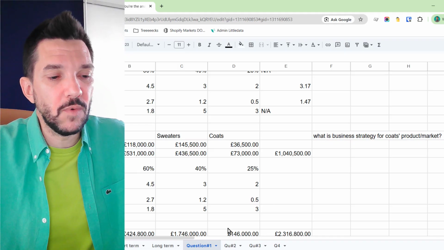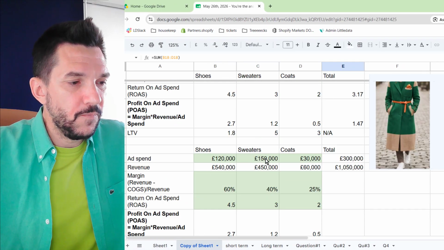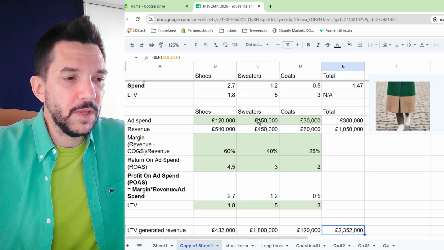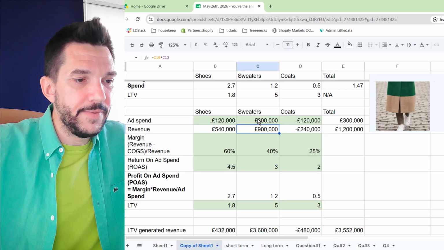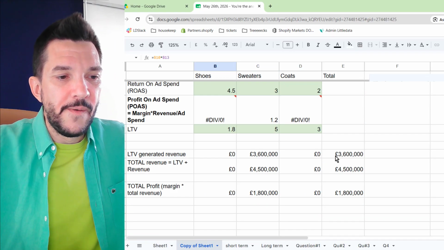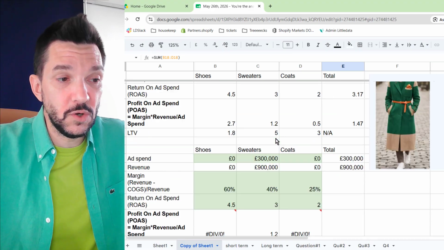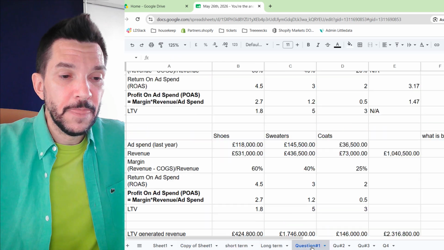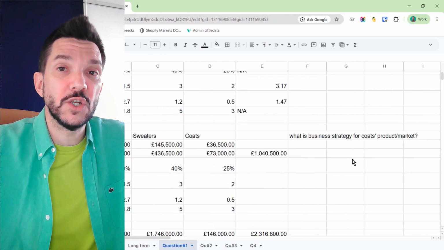Because most obviously you can say, let's invest everything here. For example, in sweaters, you can put 300,000 here, and then put 0 in shoes and 0 in coats, and you will actually have the highest LTV generated, because the mathematics are there. But when you go back to the questions side, you will ask, what is the strategy for coats?